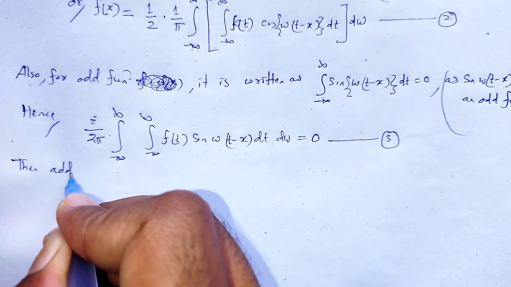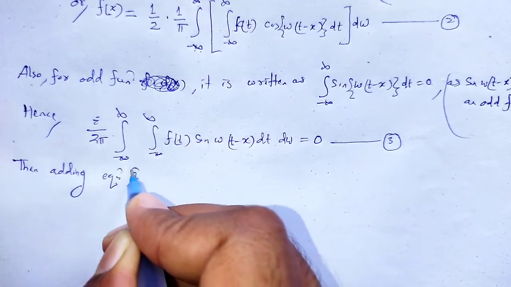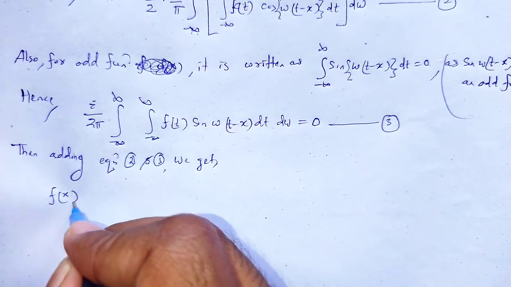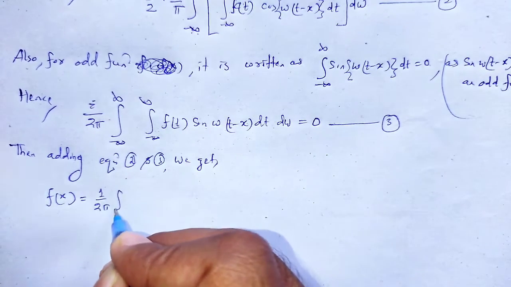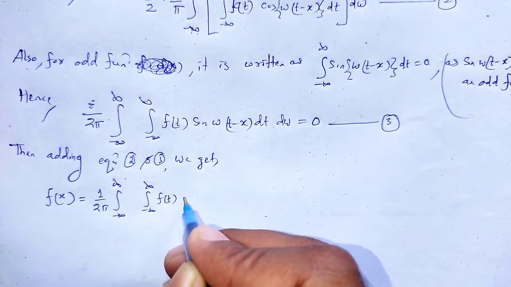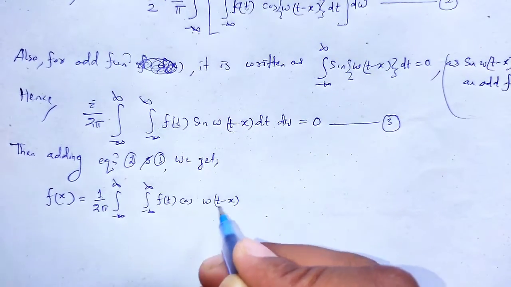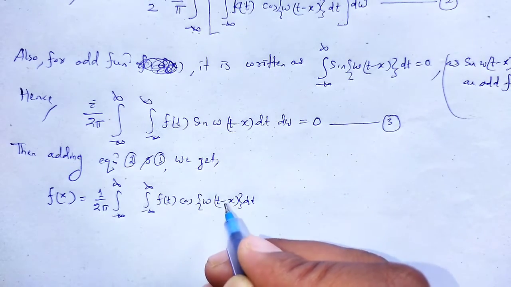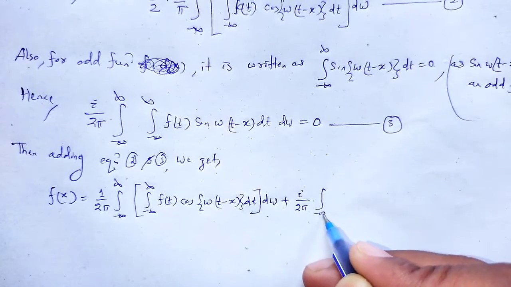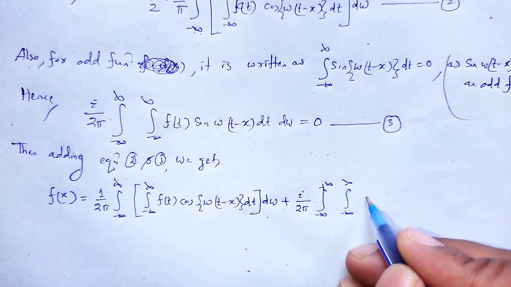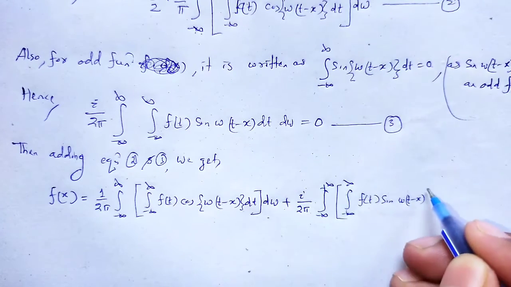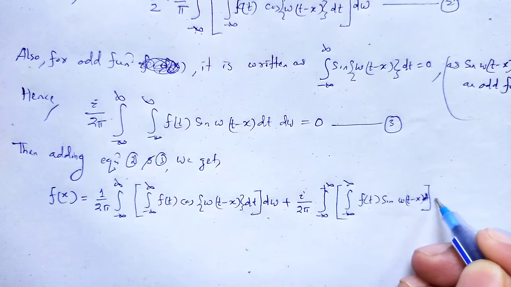Then adding equation 2 and 3, we get f of x is equal to 1 by 2 pi integral from minus infinity to plus infinity, minus infinity to plus infinity f of t cos omega of t minus x dt d omega, plus i by 2 pi integral minus infinity to plus infinity, minus infinity to plus infinity f of t sine omega of t minus x dt d omega.